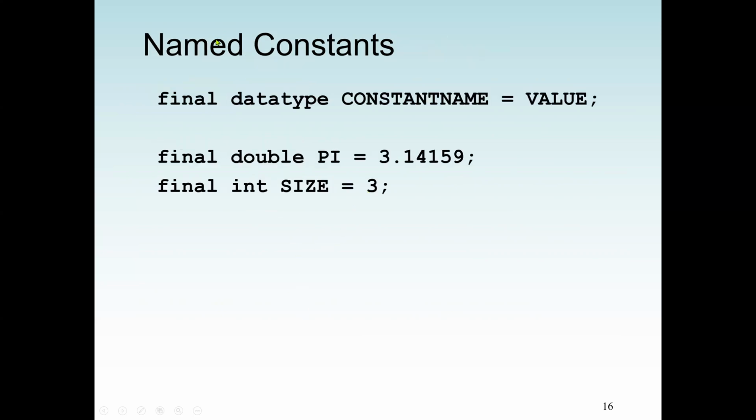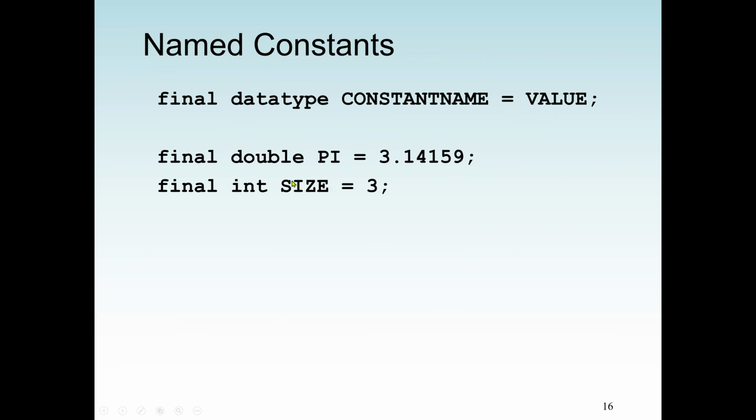Also in Java, we have what we call named constants. Named constants are constant variables that don't change. If I declare a variable and start with the keyword final, I need to initialize it. What we mean here is that in my program, everywhere I see pi, it stands for the value 3.14159.